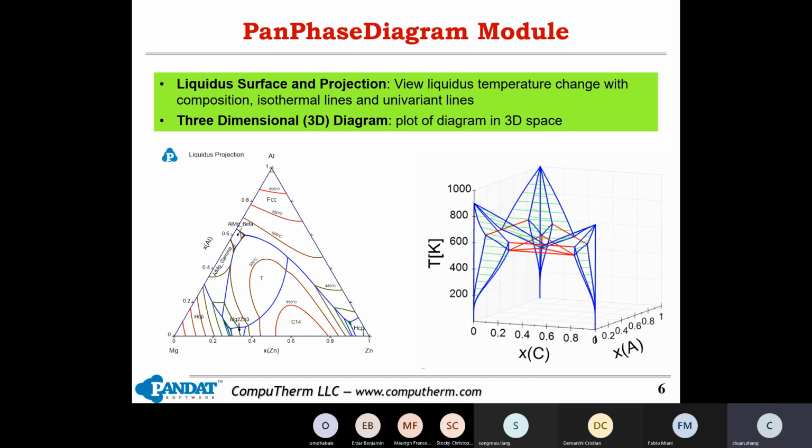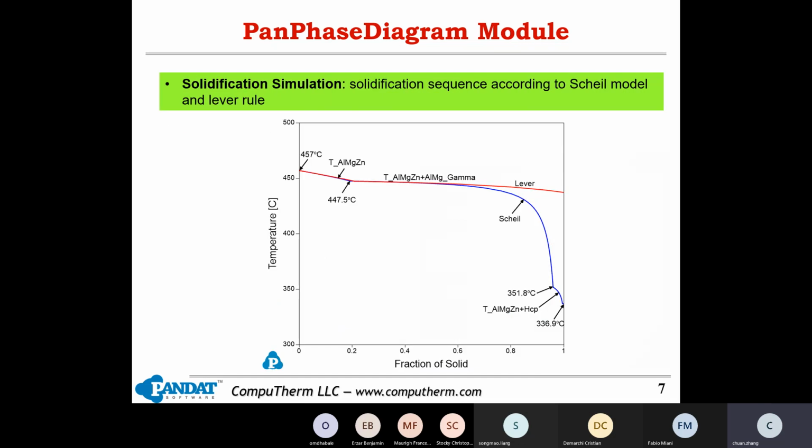It shows the ABC hypothetical system. In this slide, I give an example of calculating the solidification path of an aluminum-magnesium-zinc alloy, using two approximate models in a simple way without invoking complex kinetic calculations. One model is equilibrium, or the lever rule, as shown in the red line.